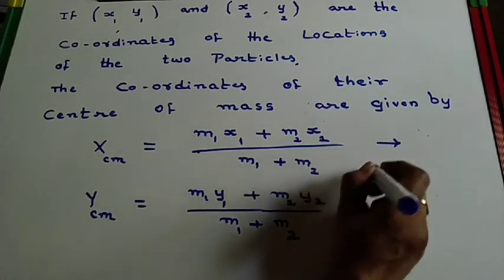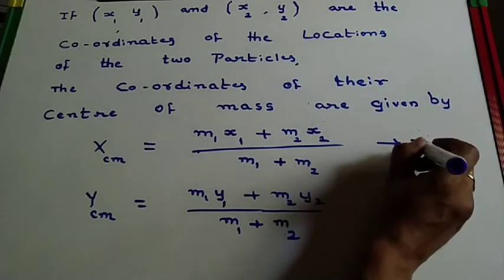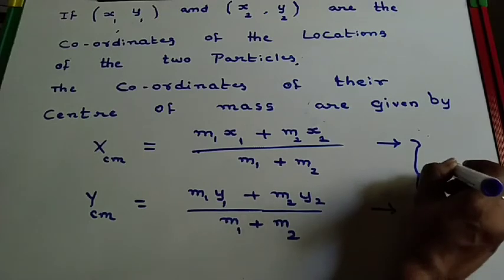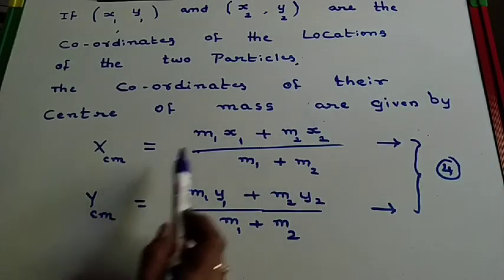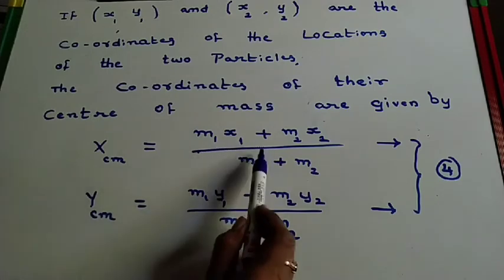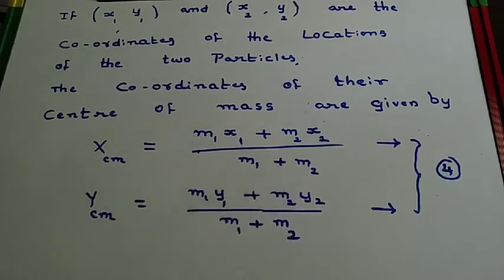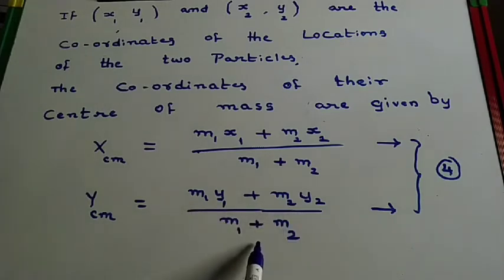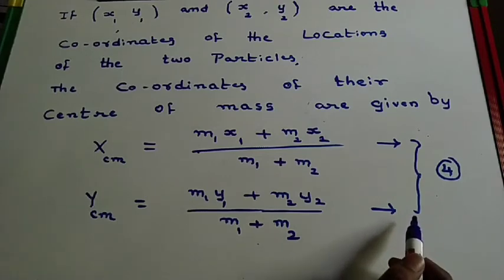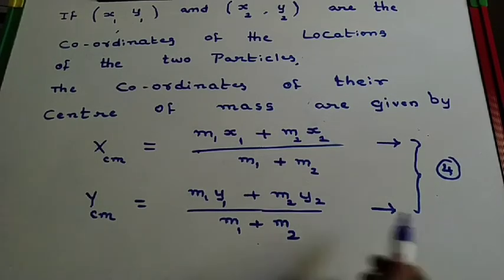Consider both as equation number 4. Once again, xcm is equal to m1 x1 plus m2 x2 by m1 plus m2 and ycm is equal to m1 y1 plus m2 y2 by m1 plus m2.